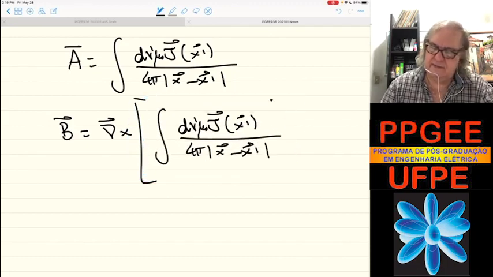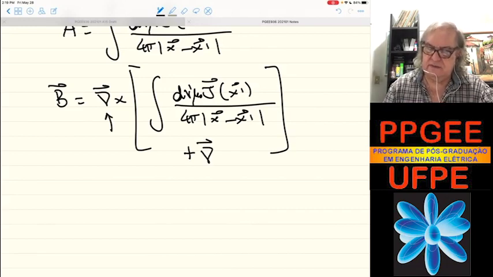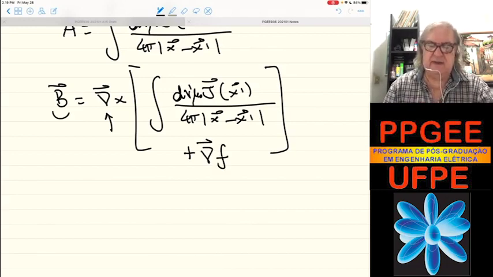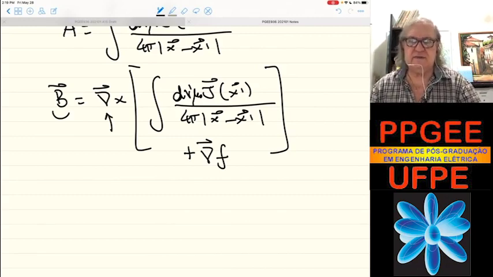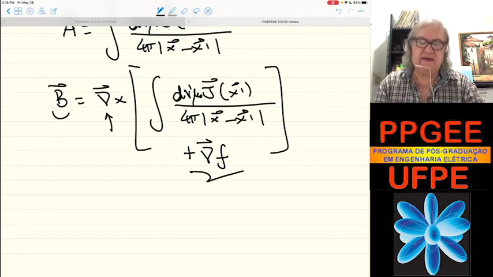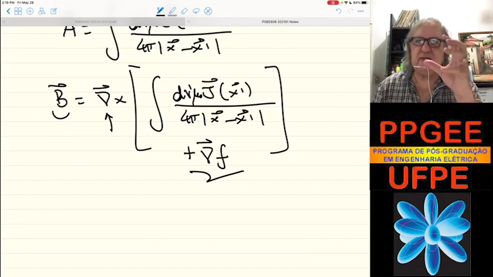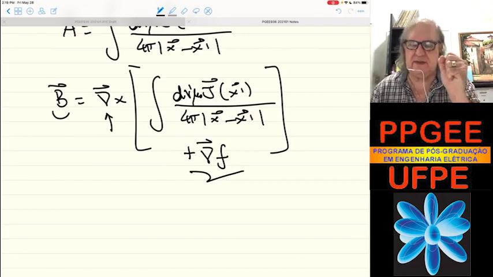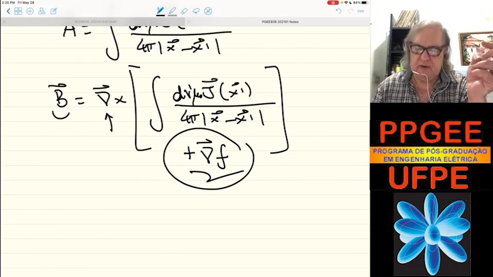Because of that, notice that I can add something here that has a zero curl, like a gradient of a function, without affecting B. So I can define different vector potentials without affecting B. We are going to talk about that further. It's the choice of a gauge for the potential. A gauge means a choice of, sometimes we might want to use an additional term, sometimes it's not convenient to use. We're going to talk about that.